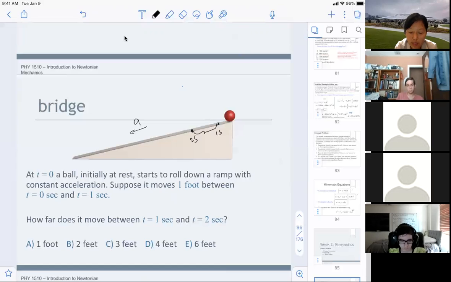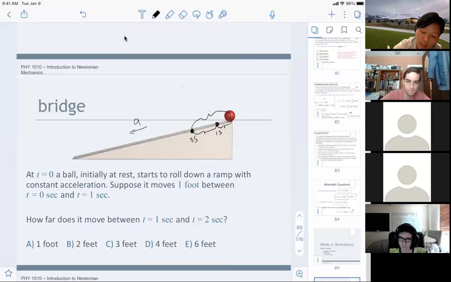Well, by looking at this, I know how much distance it will travel in 1 second. I know how much distance it will travel from the beginning to 2 seconds. So if I use this distance minus the smaller distance, I will get the distance traveled between 1 and 2 seconds, right? So I'm going to model how we do problem solving again.